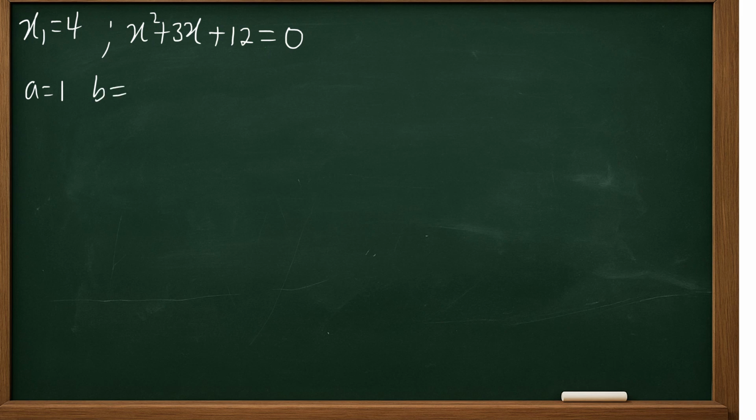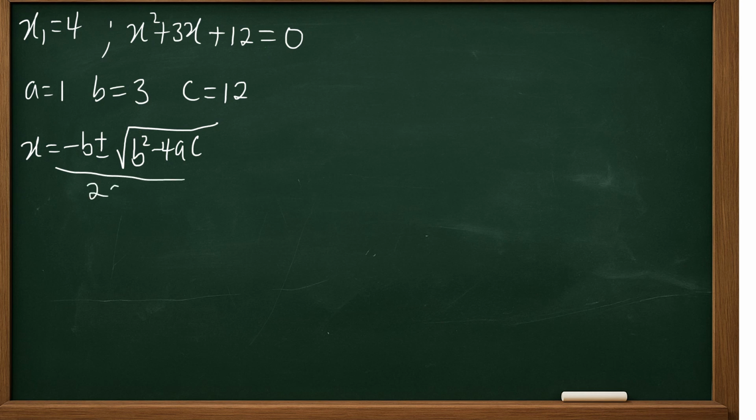My b equals to 3, and my c is equals to 12. Now using the quadratic formula, where I'm going to have x equals to minus b plus or minus the square root of b squared minus 4ac all over 2a.